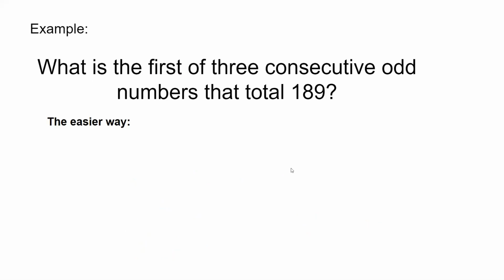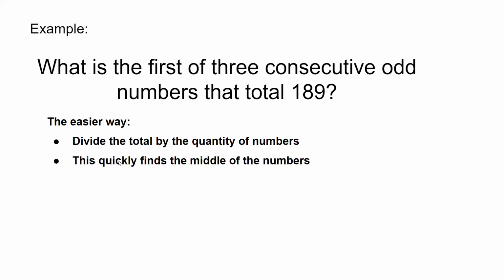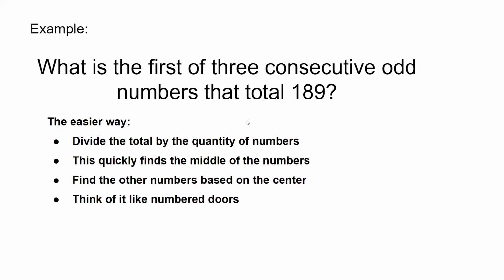Let's talk about an easier way. These are the steps. Divide the total that you've been given by the quantity of numbers. I'm going to go through all the steps and then we will do it for this problem. This is going to quickly find the middle of the numbers, which is very helpful. Once we find the middle of the numbers, we find the other numbers based on that being the middle.